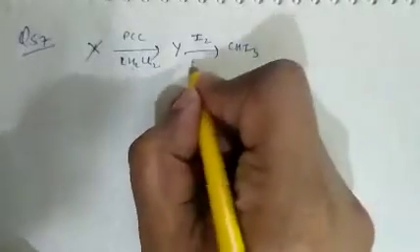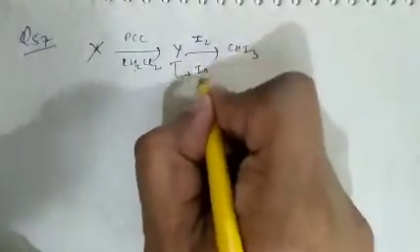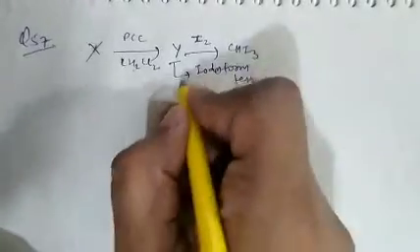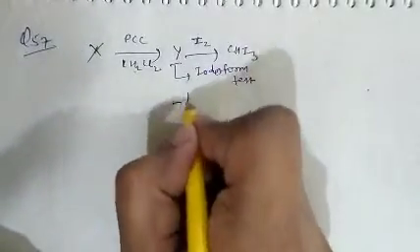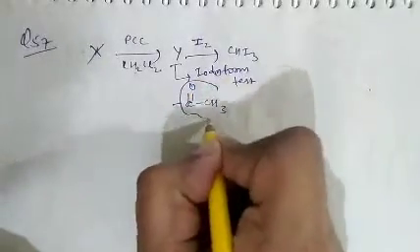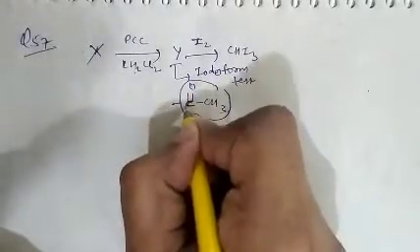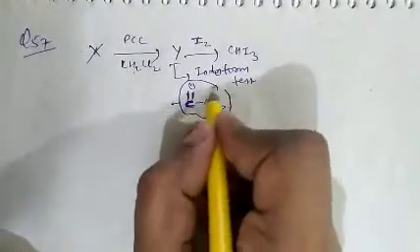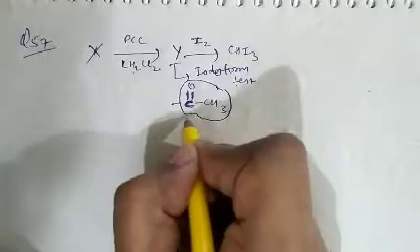It means the test given by Y is the iodoform test. And for the iodoform test, the compound must contain a particular group at the corner. So at the corner there must be this group. The iodoform test is given by those compounds in which the corner group must be that group.